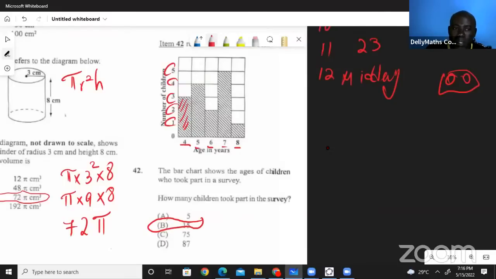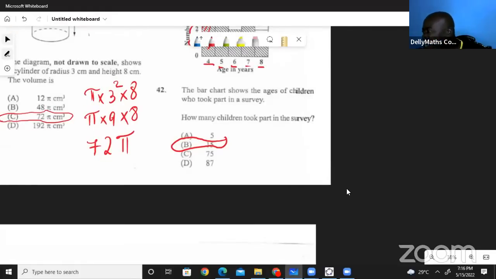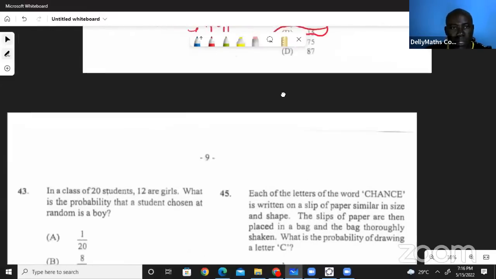How many? 3 of them took part. How many children that took part were 5-year-olds? 4 of them took part. And so on. So the answer for that was 15, and it is at B. All right. I haven't seen a lot of answers coming in there, but I guess you will get that.